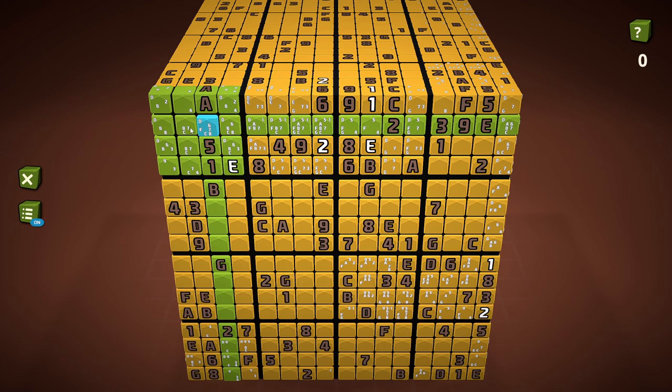So it has to be one of these remaining 4. And then G. Can't be left, can't be top, can't be this. Well, I got one new thing.